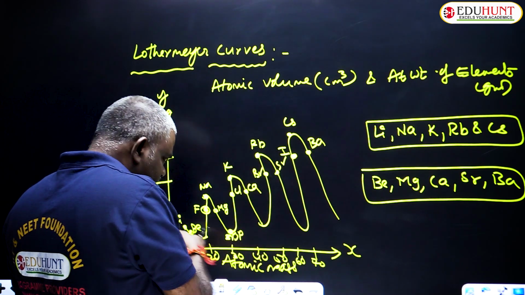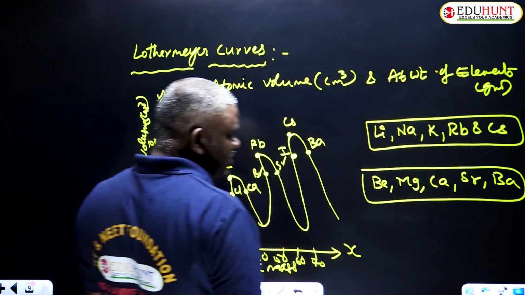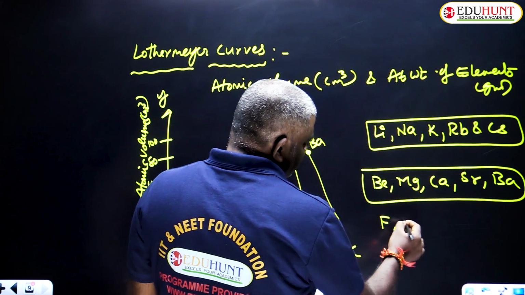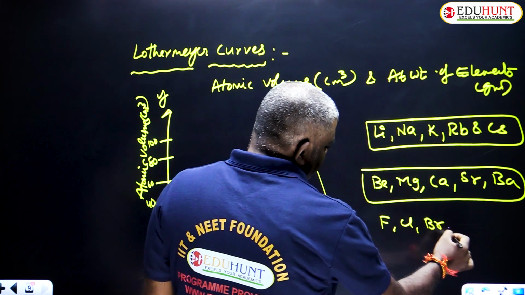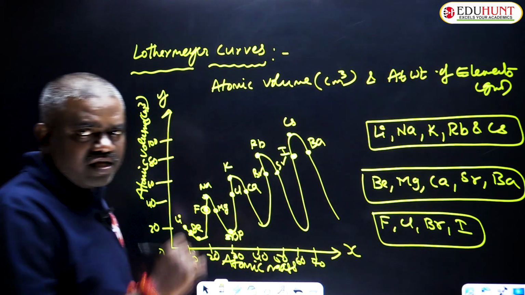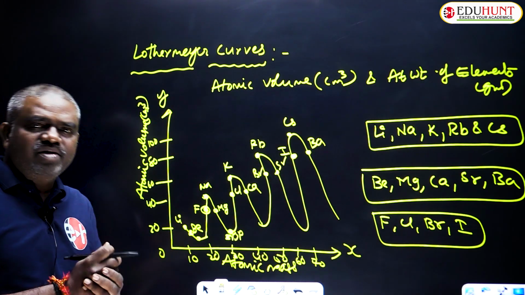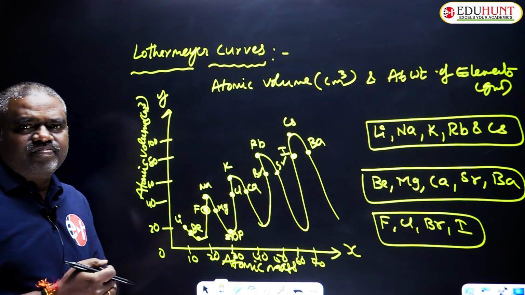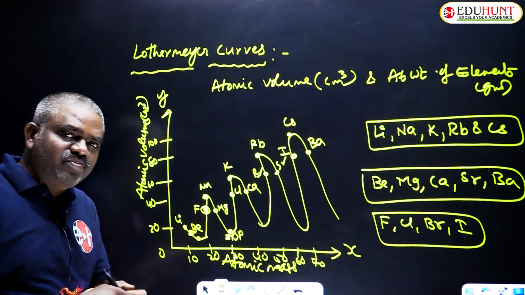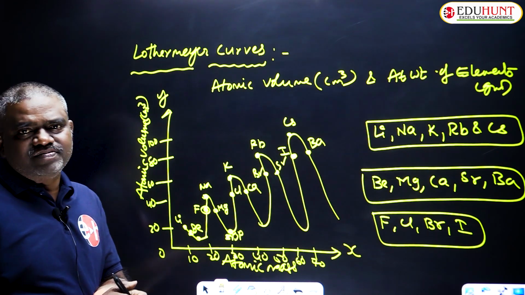In the ascending position similar elements are found. Similar points occupied by elements means they belong to the same group according to Lothar Meyer's theory.